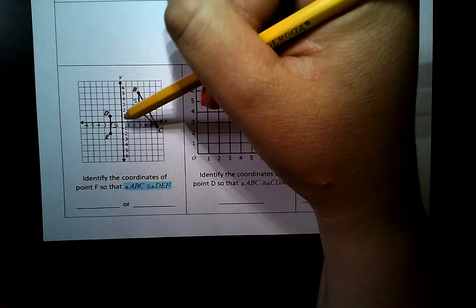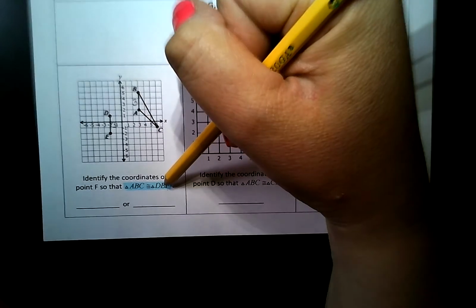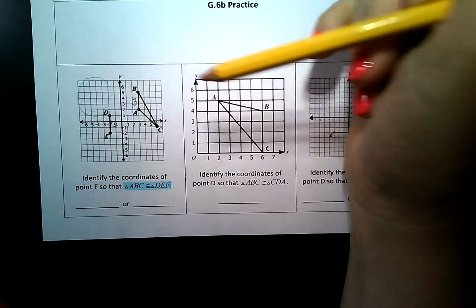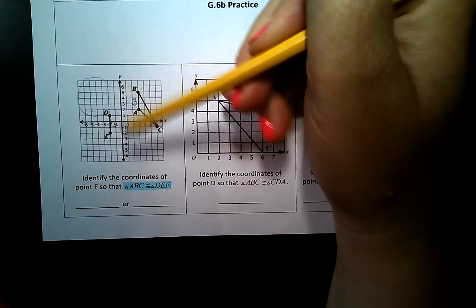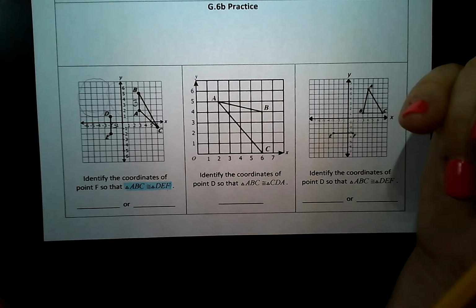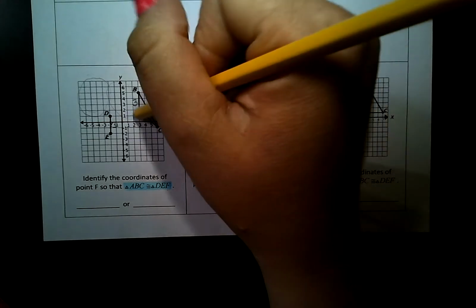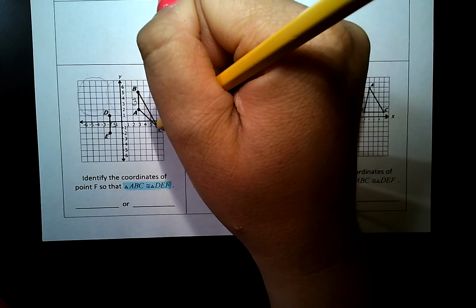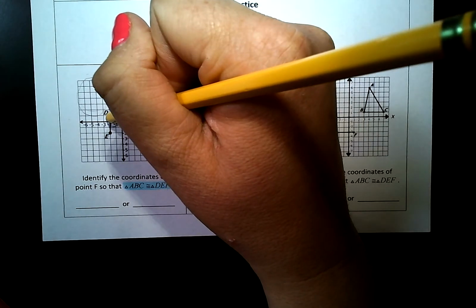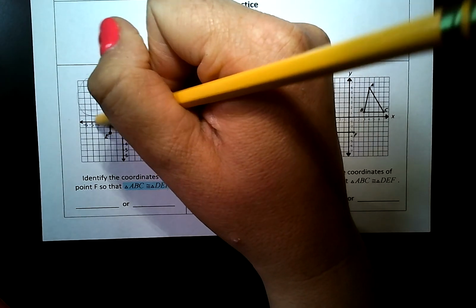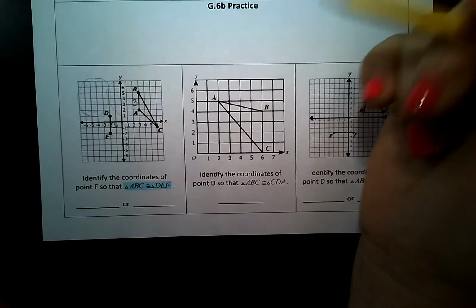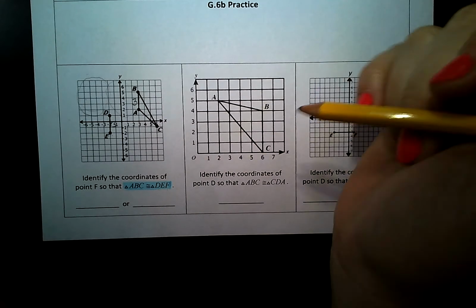So when I go to find point F, I think it's going to be somewhere up in here, or maybe over here. It's going to be up above point D. So A goes up to B and B goes down to C, but D goes down, so it's going to need to come back up. Okay, hope that was a pretty good explanation. Let's see what we can do.